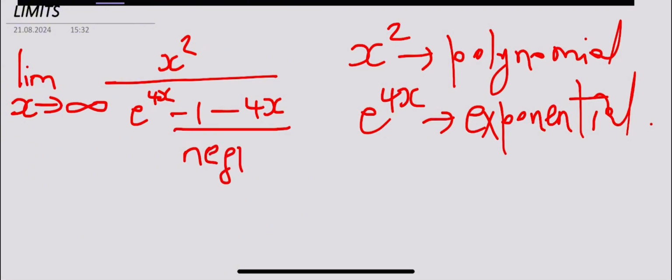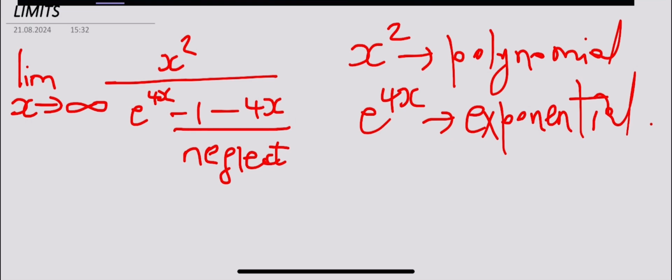Why? Because they are extremely small compared to e to the 4x. If as x approaches infinity you put in infinity in place of x in the denominator, 4x is going to increase relatively slower than e to the 4x. That's why we neglect -1 and -4x.